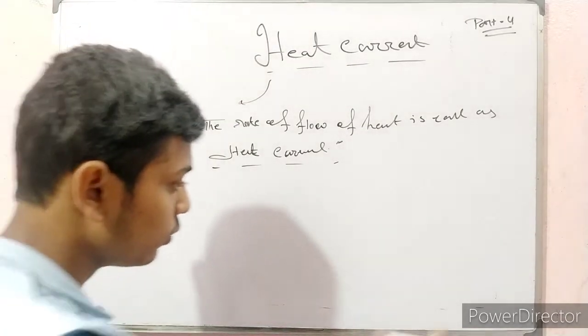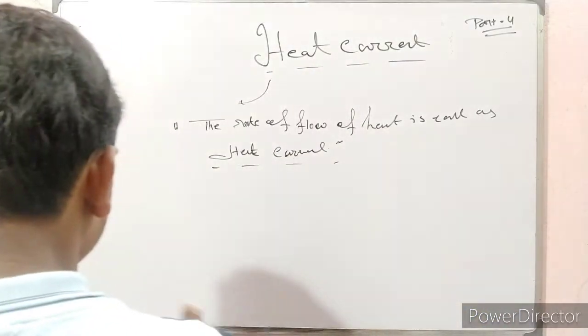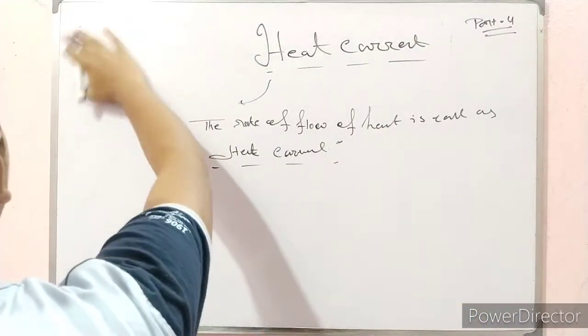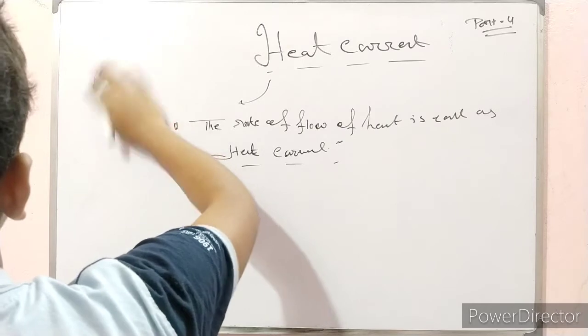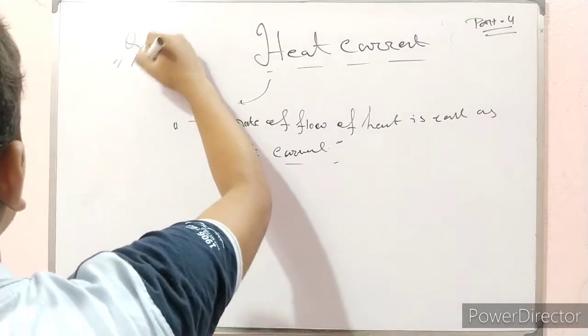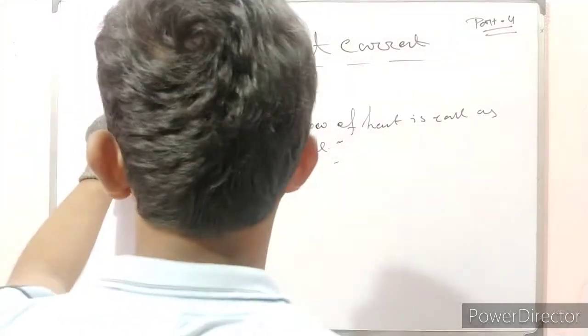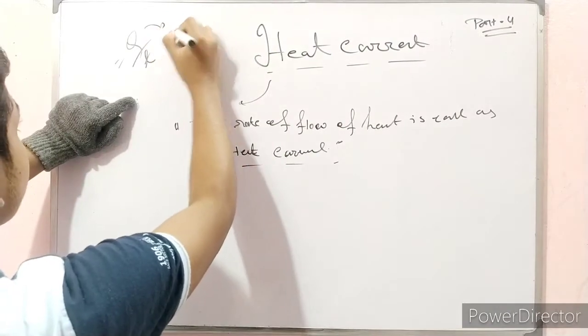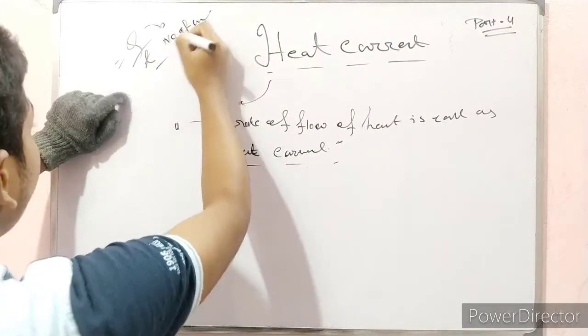So we can know this: the electric current is Q by T, where Q is the amount of charge by time.